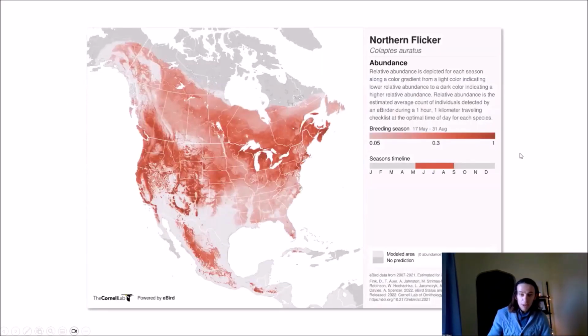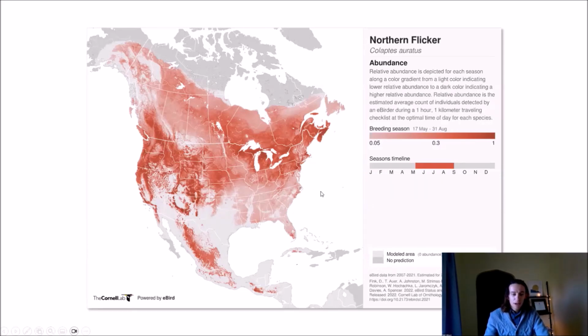When people hear about species distribution models, I think what comes to mind are these broad scale maps where the abundance or occurrence of a species is predicted. So here we've got a great example with northern flicker abundance predicted across North America.